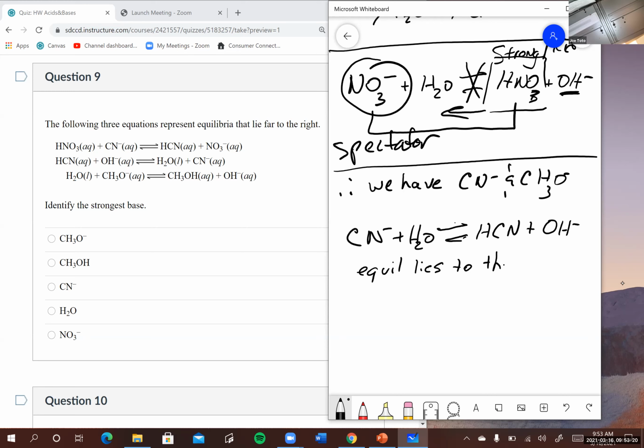Anybody? The left. Yeah, to the left, because you know something about how equilibrium behaves.